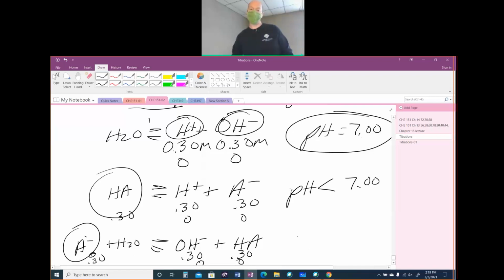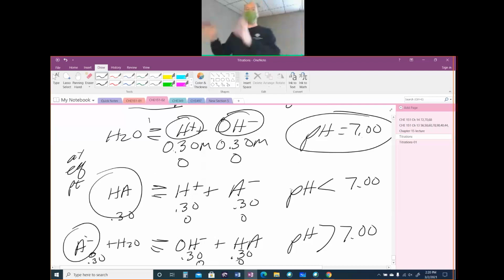So what you can say here is your pH is greater than 7. So we're talking about at the equivalence point. The two products have to have the exact same concentration. All right, so that's when you have them both going to 0 and you're at the equivalence point. All right, so we will pick up there next time.